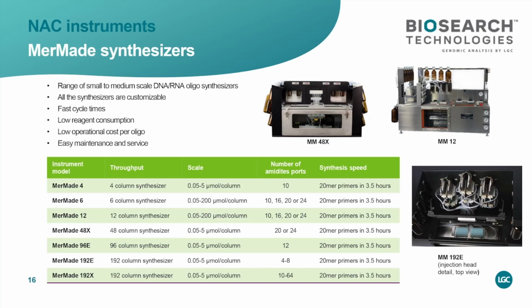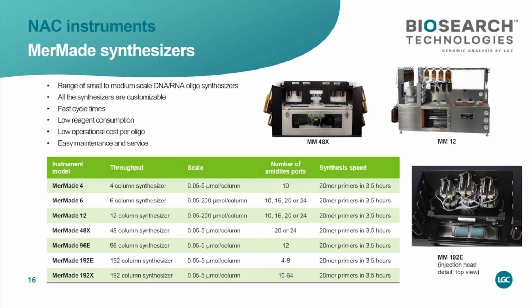Our Mermaid 192X is one of the first instruments of its kind ever developed. It can go anywhere from 10 to 64 amidite positions. That particular instrument is really good for ASO screening, because you can load all kinds of different RNA modifiers on your instrument and mix and match them in the same sequence.